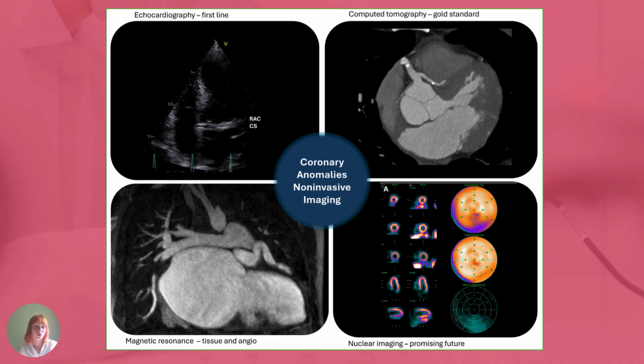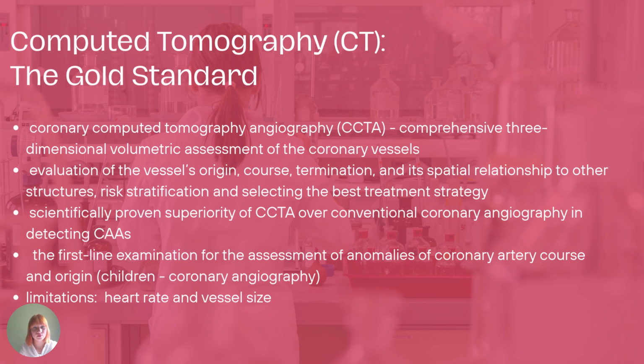So I would like to talk first about computed tomography, then echocardiography as a screening tool, and other methods, magnetic resonance and nuclear imaging. So first, the gold standard, coronary computed tomography angiography.